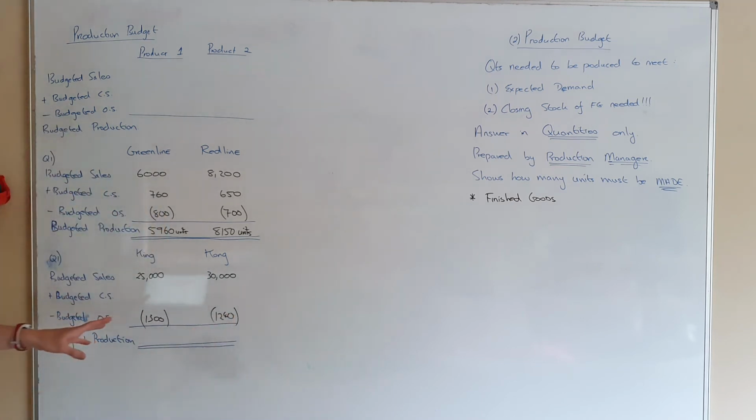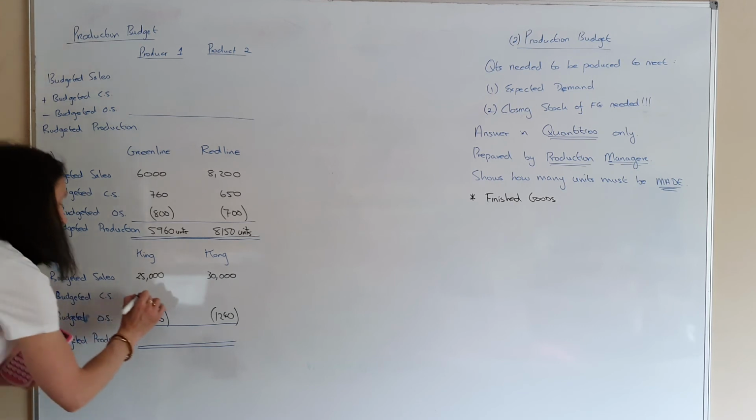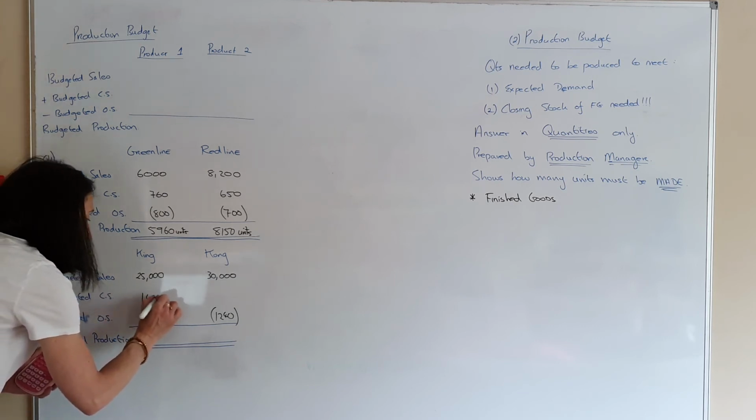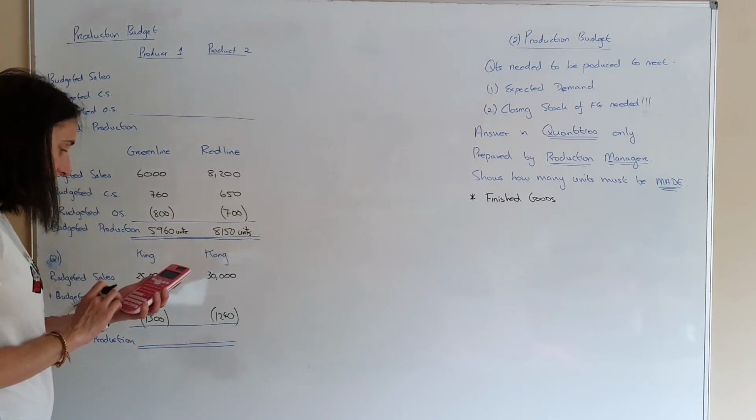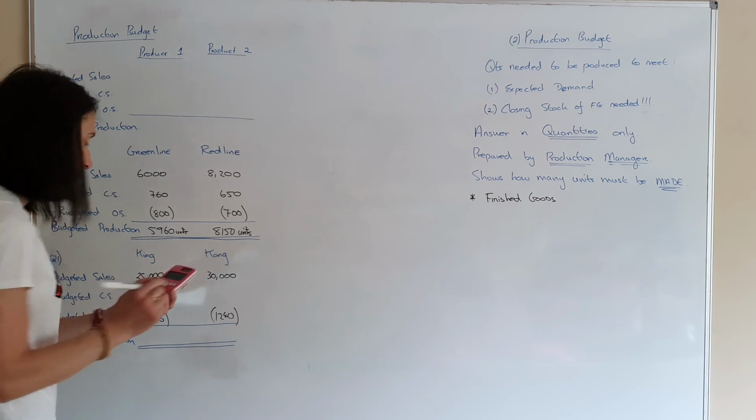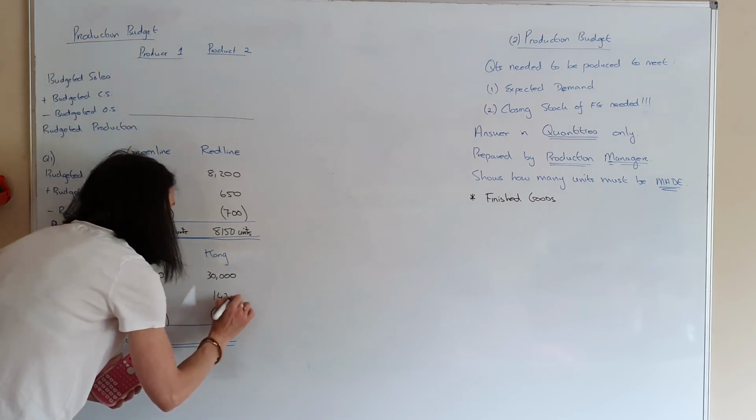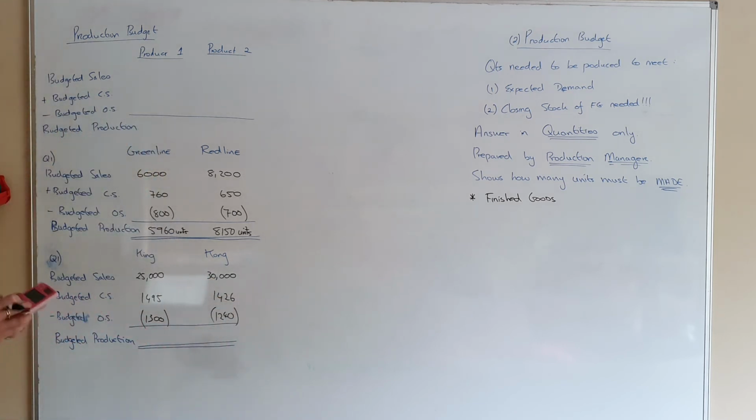Now your closing stock, they said, is to be 15% more than that. So your closing stock is to be 1,495. Likewise there, it has to be 15% more, so your closing stock needs to be 1,426. So just the difference with the honours and the ordinary, they've just given you a little bit more maths in it.